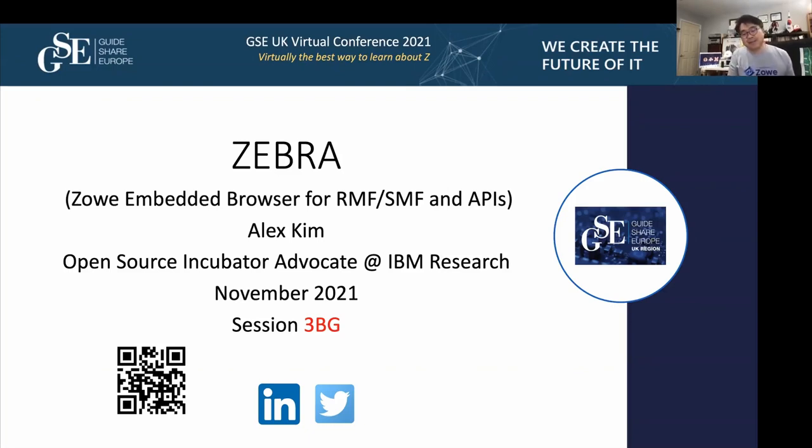Zowe is an open source project under z/OS that tries to help and embrace open source running on z/OS, so that users and programmers on z/OS can create a really new way to interact and operate z/OS applications and operations. Without further ado, let me go on to talk about Zebra.